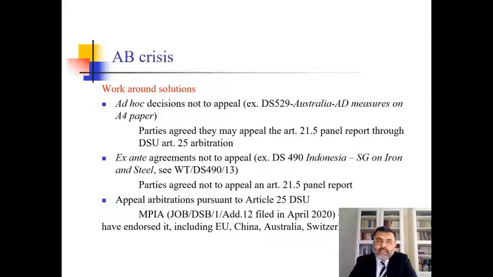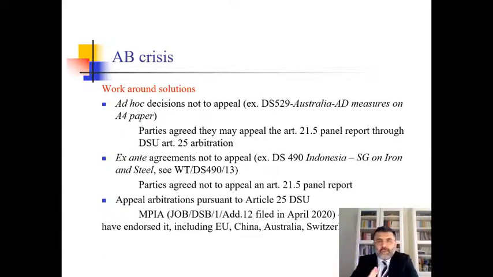Note that this arbitration provision is one that points to arbitration as an alternative to the normal dispute settlement mechanism. In other words, the normal mechanism being what I've just explained to you, starting with consultations, panel process, appeal, implementation, and so on.